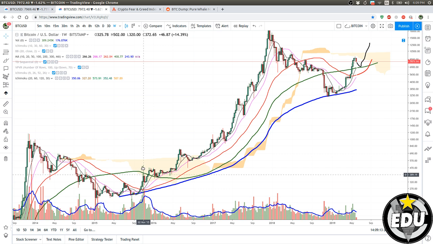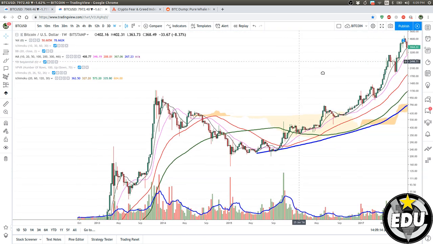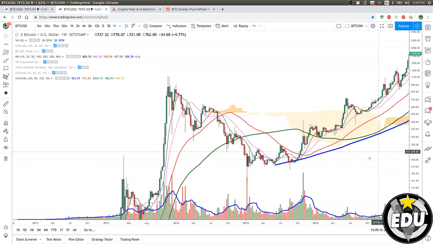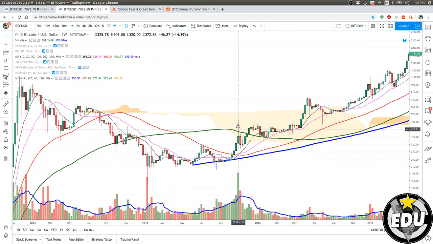Yeah, just attempt to enter here. Actually, it got rejected on the cloud on the first attempt. Rejection, stayed below. Rejection also on the moving average 100, then broke the moving average 100, retested the moving average 100, so the green line, and then kept being above the green and also the 10 and the 20 that followed the trend.